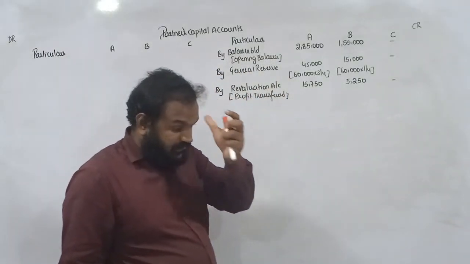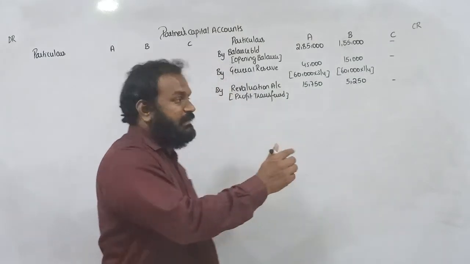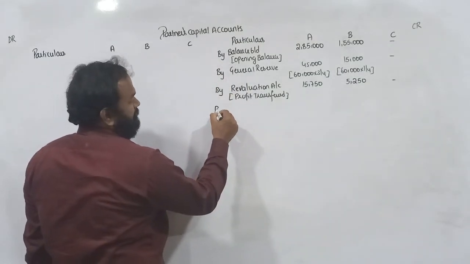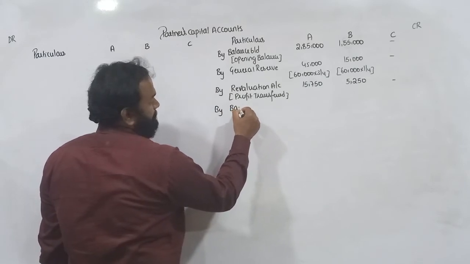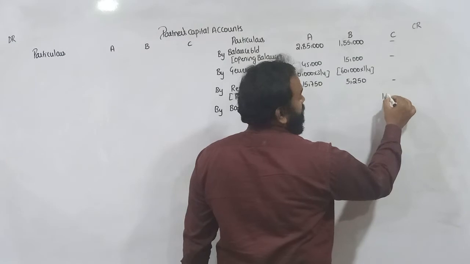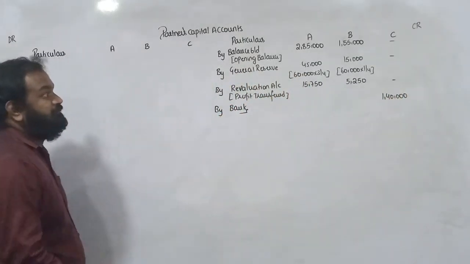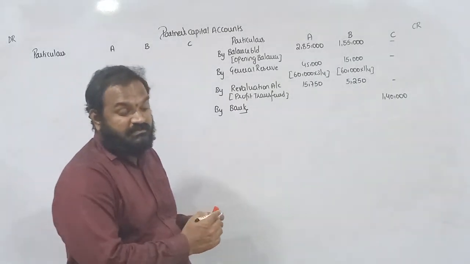Everyone clear? Next, C brought an amount of capital. How much? It's 1,40,000, by bank, C 1,40,000.